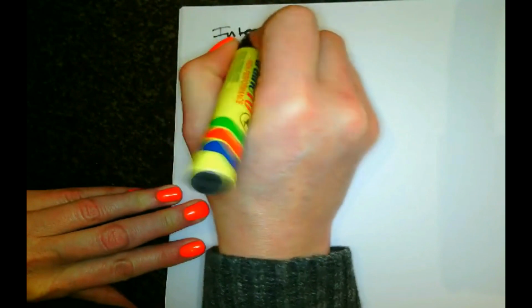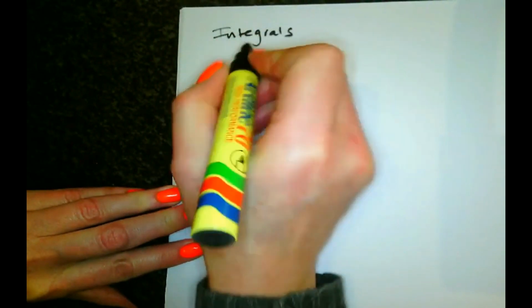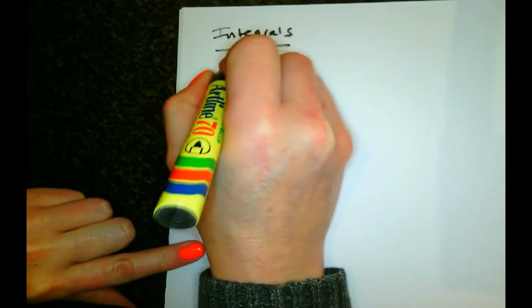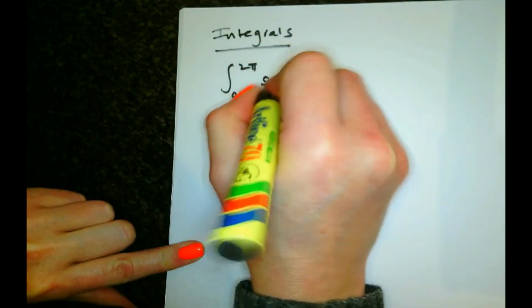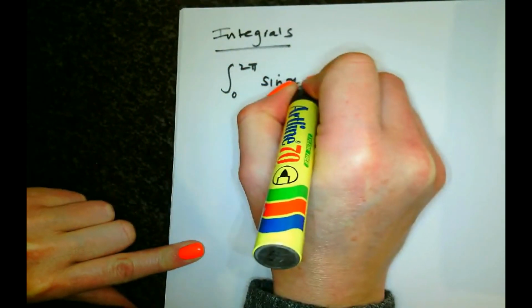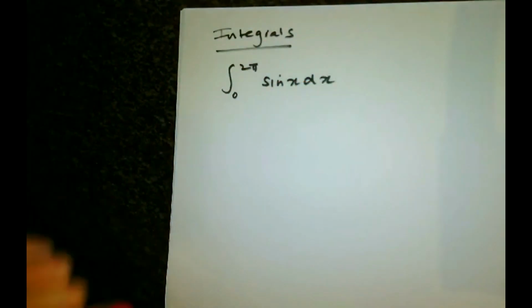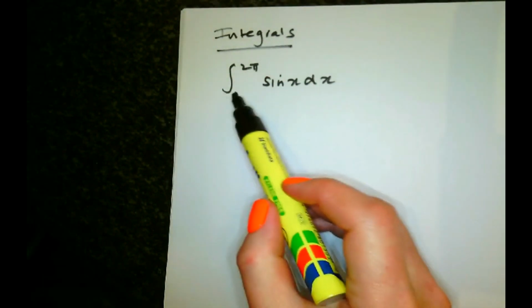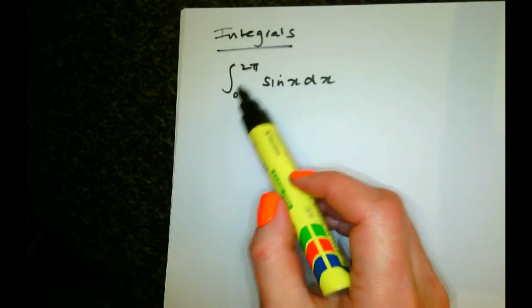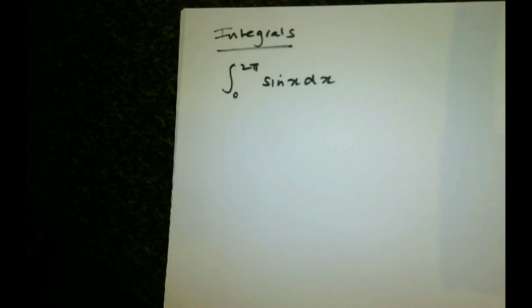So let's look at our first integral. The first one that I want us to look at is this one, the integral of sin x over the region 0 to 2 pi.